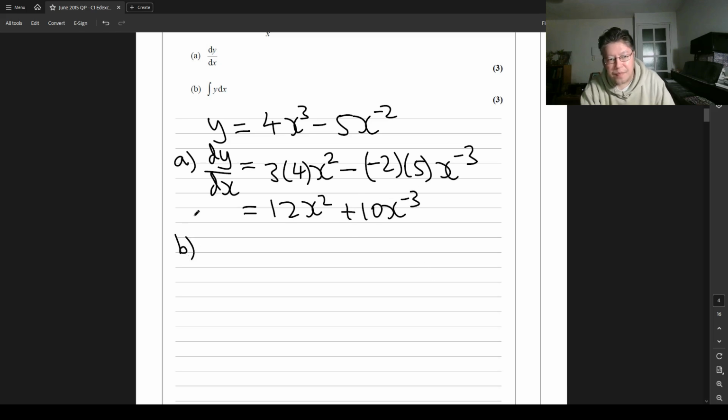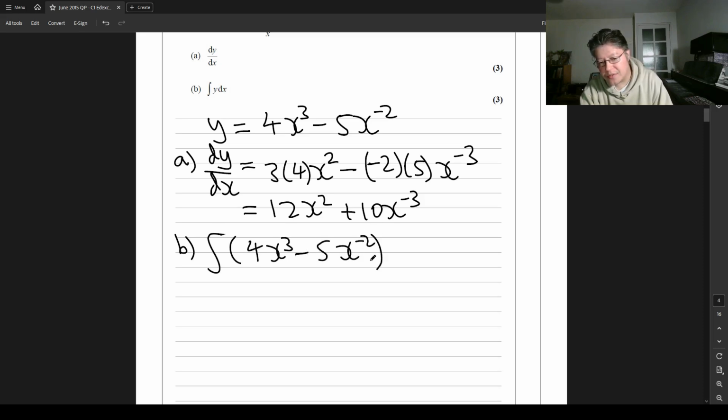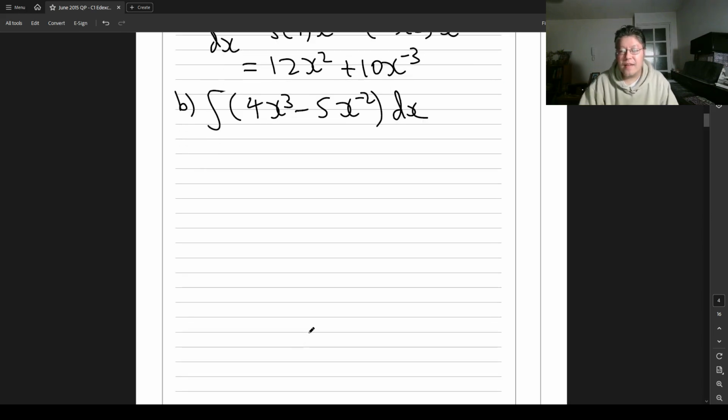Okay, part B, we want to integrate. So the integral of 4x cubed minus 5x to the minus 2 with respect to x. And let's do that.